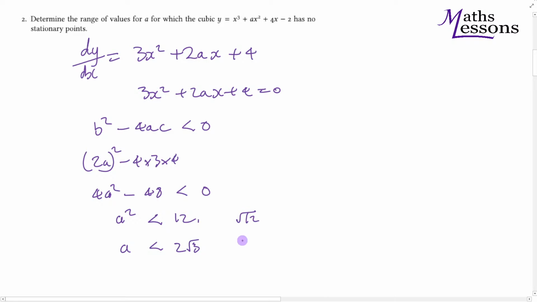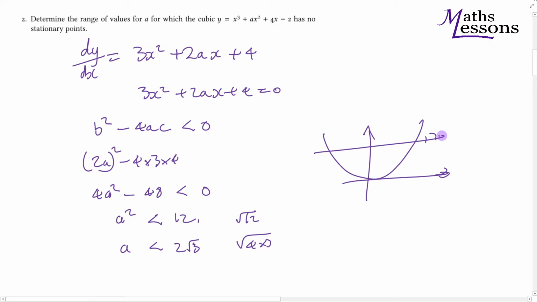Square root of 12, we should know, is 4 times 3. Bring the 4 out, we get 2. But that's not all of it. You think about it, you're squaring something and you want it to be less than 12. There we go, get my graph back.